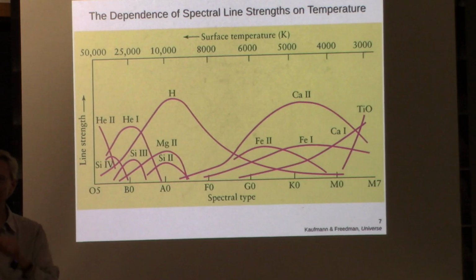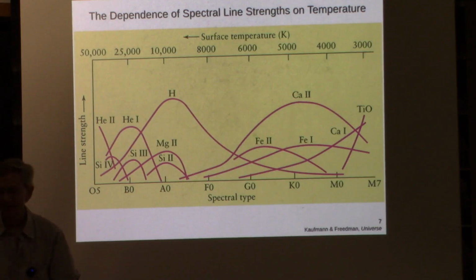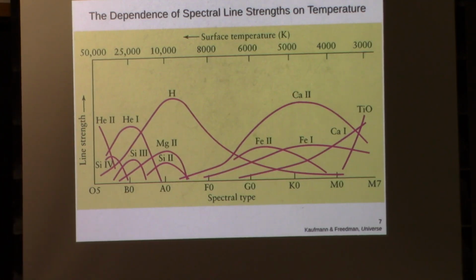What would calcium Roman numeral 4 be? How many electrons has it lost? Roman numeral 4, how many has it lost? 3, right? And so forth. As an example where I happen to remember how many protons are in the nucleus, because I don't remember what it is for calcium, let's pick carbon.